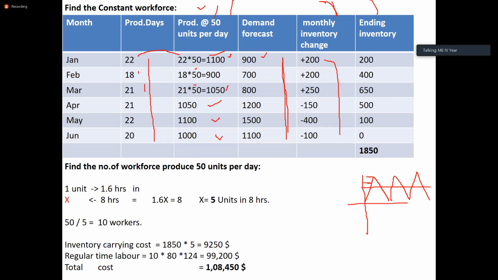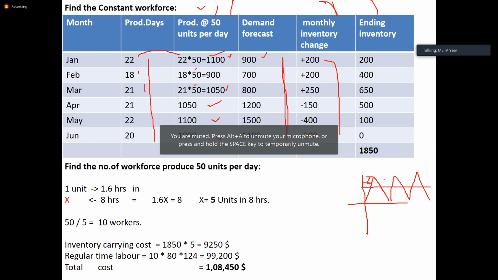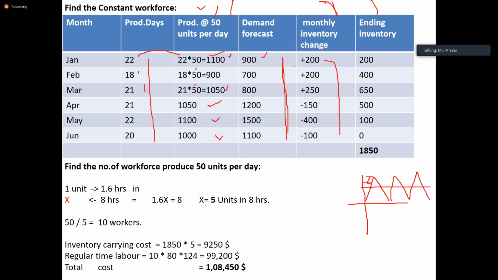Whatever excess amount we manufactured will go and be kept in our inventory, that is 200. This 200 comes from the 1100 I'm producing, and 900 is the actual demand. So I'm producing 200 in excess, and the 200 I'm keeping as inventory.